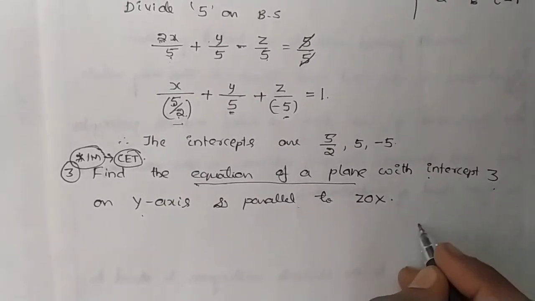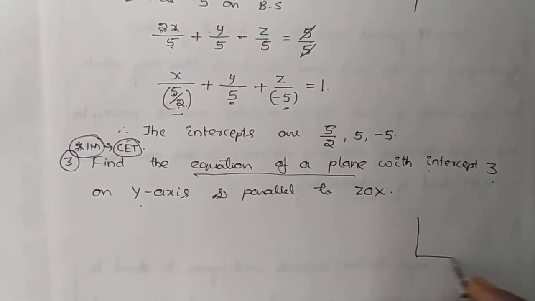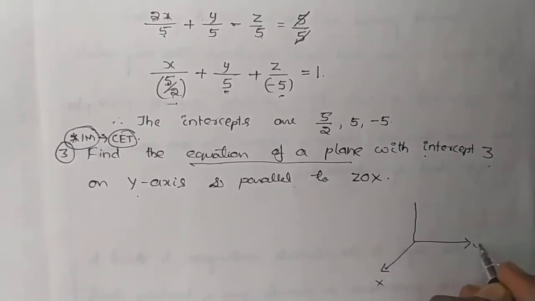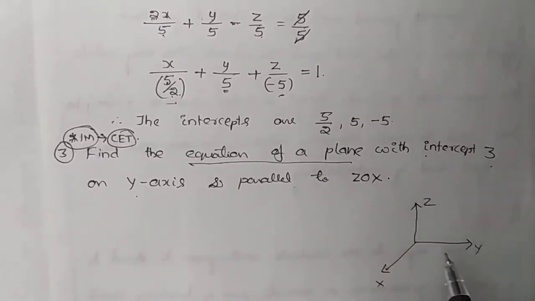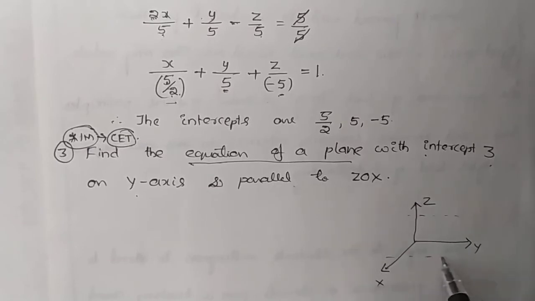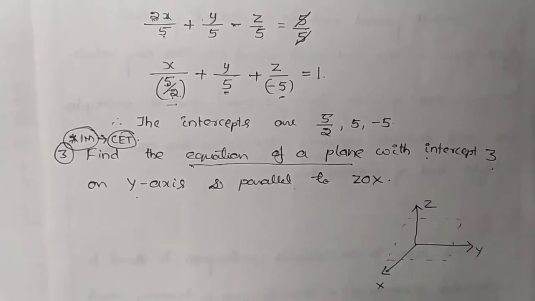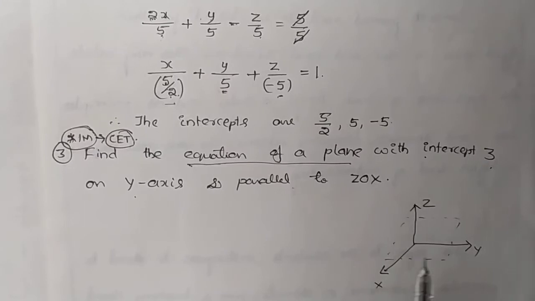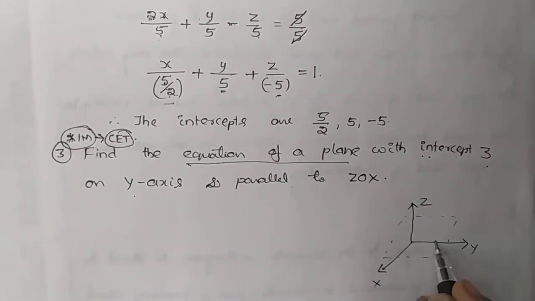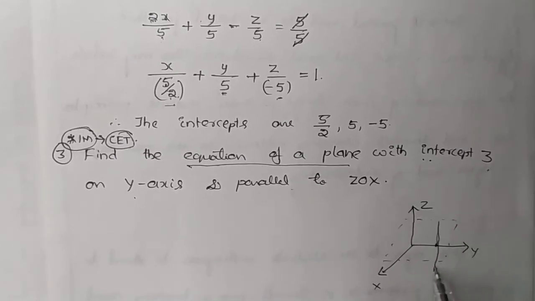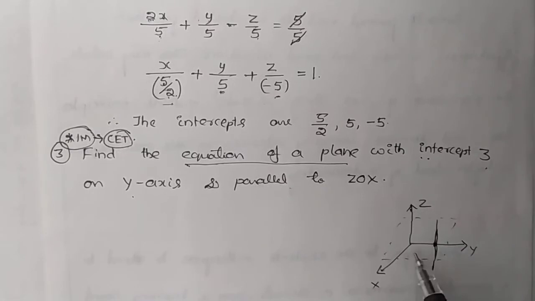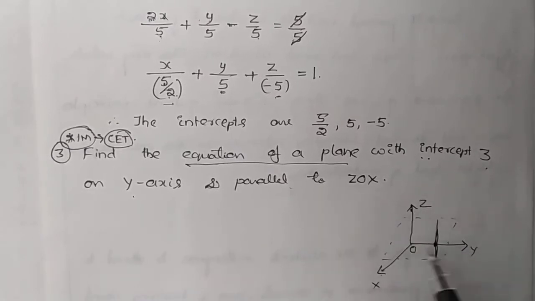You just imagine here we have x, y, z. We have to find the equation of a plane. Hints are given that the intercept is 3 on the y-axis, and that plane is parallel to ZOX.